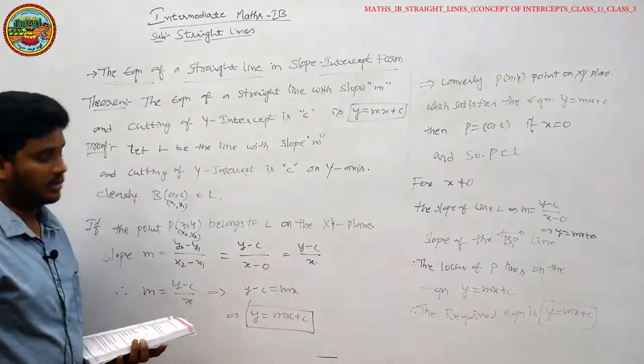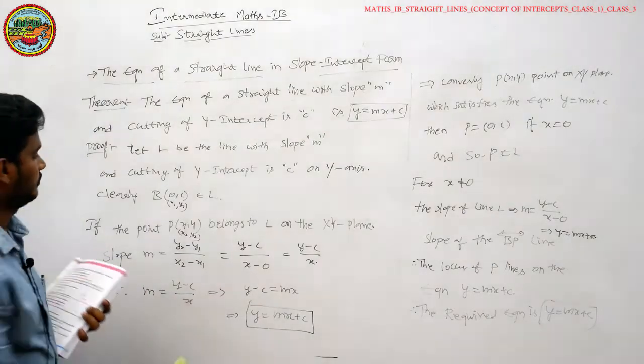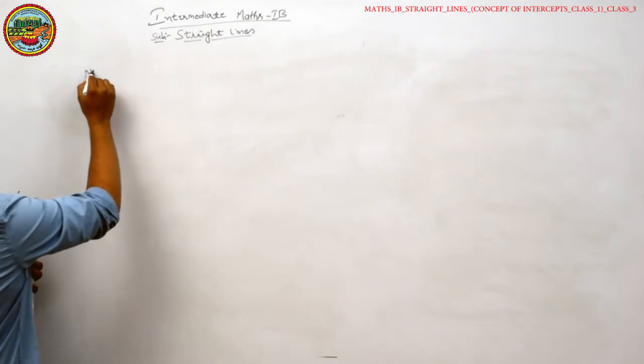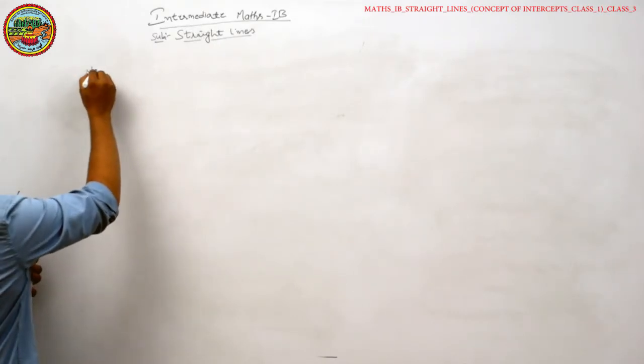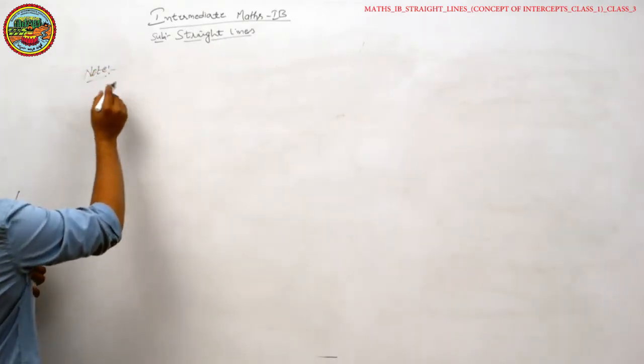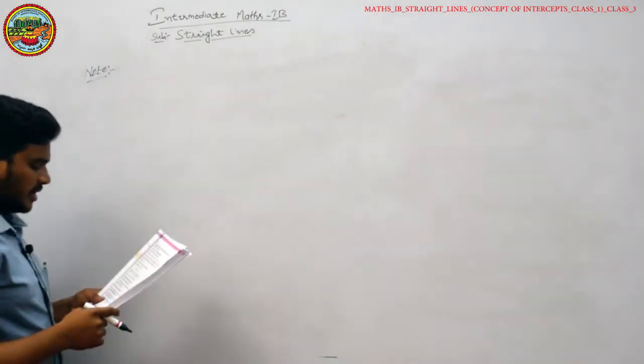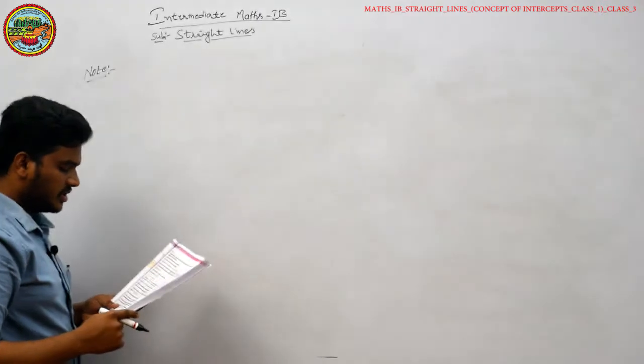We have a note here. The straight line y is equal to mx plus c passes through the origin if c is equal to 0.